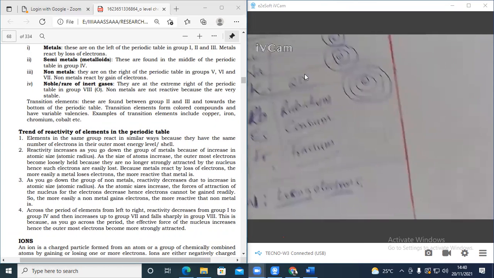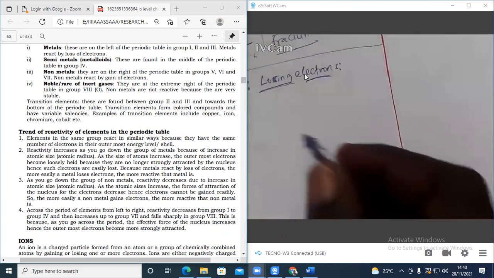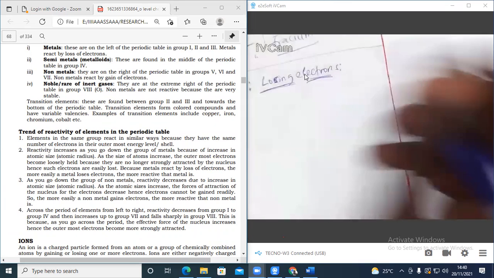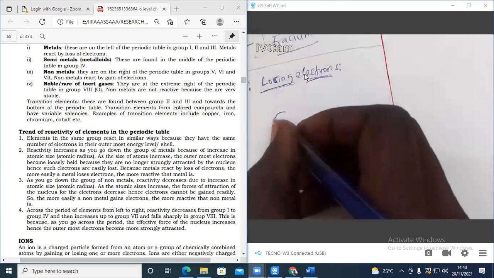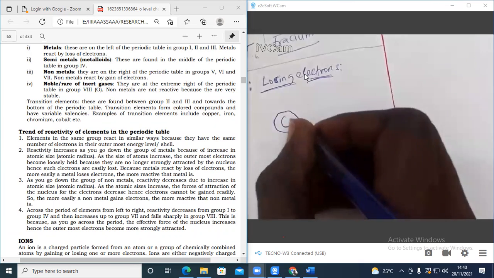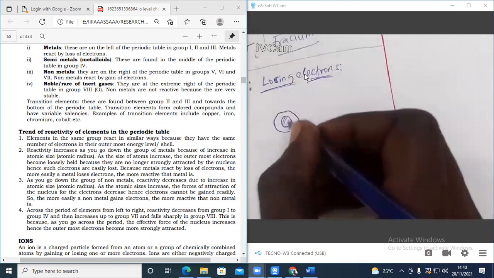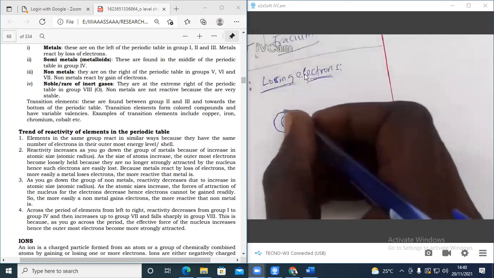So the trend is like this. For metals, since they react by losing electrons, consider lithium, which is as small as this. This is the nucleus. This is the last electron on the shell.